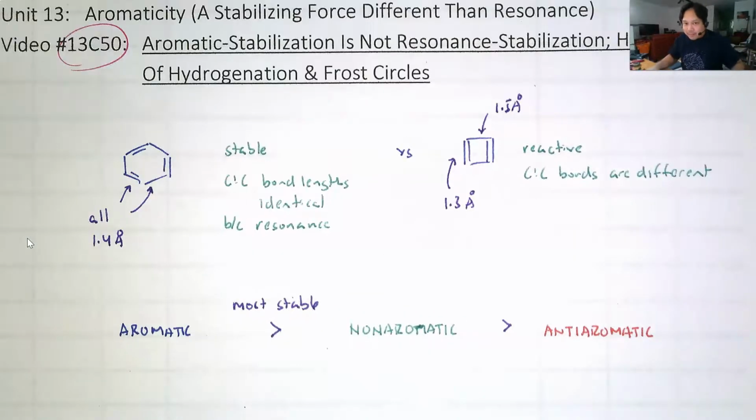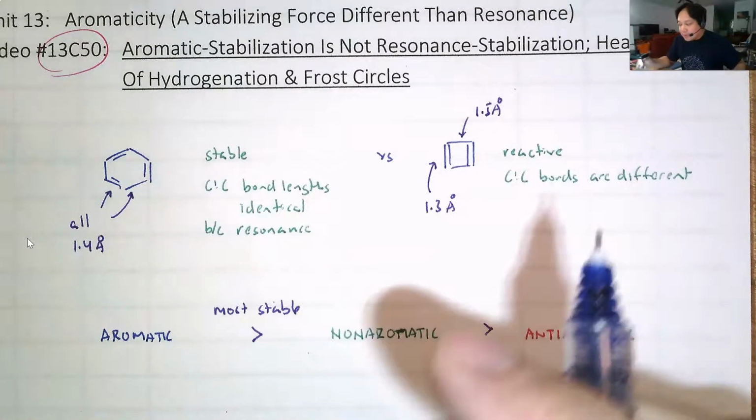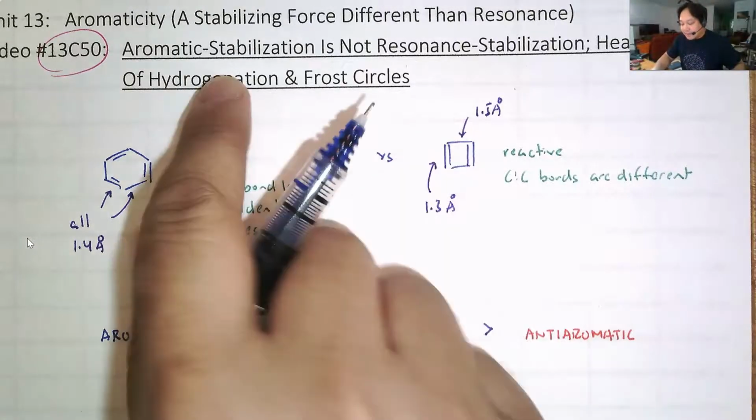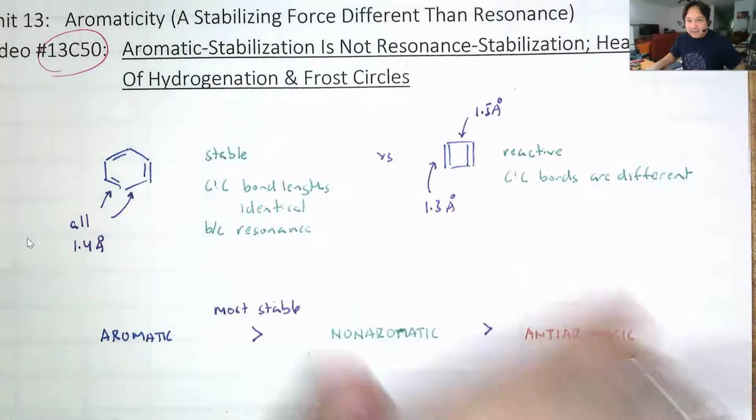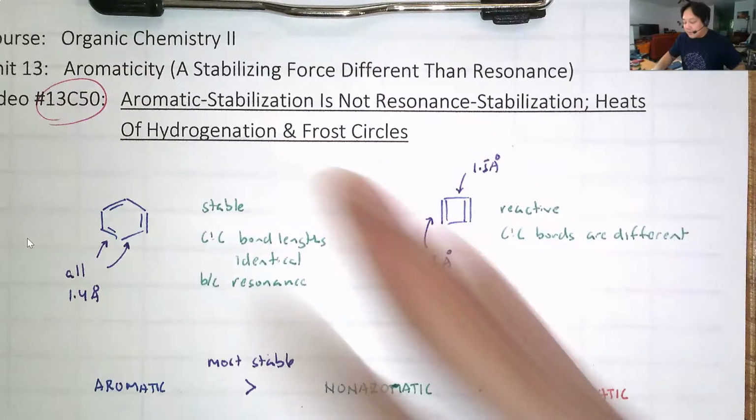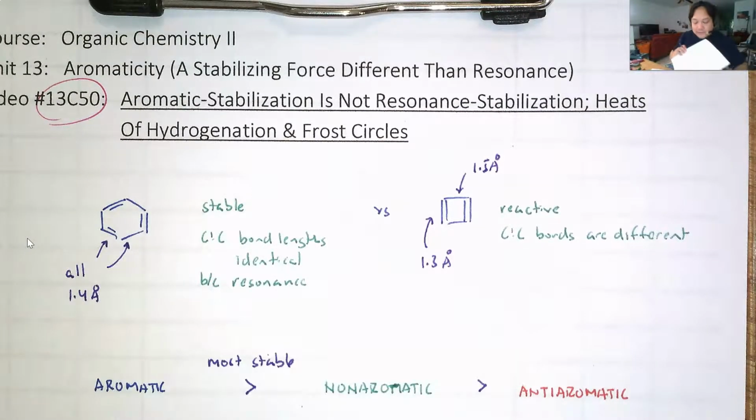Okay, let me talk about a couple more experiments that point to the idea that aromaticity is different than resonance, and also how we visualize aromaticity using what's called a Frost circle. So the first piece of evidence is going to be the heats of hydrogenation.